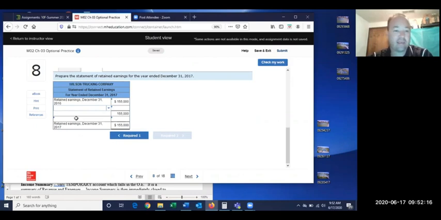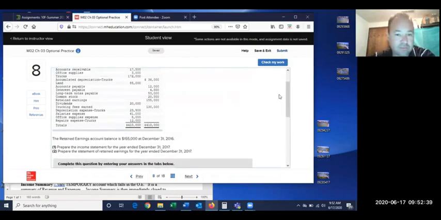Now we add in our net income. And that's where we simply get our number from last time, 25,500. And then we subtract out our dividends. And our dividends were 20,000.